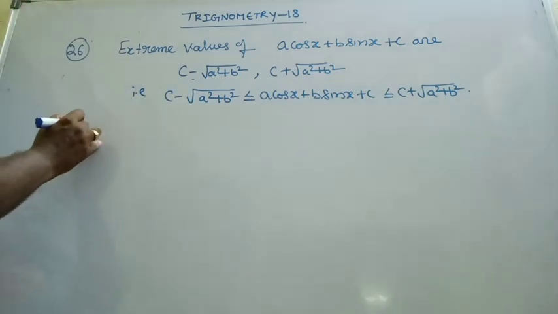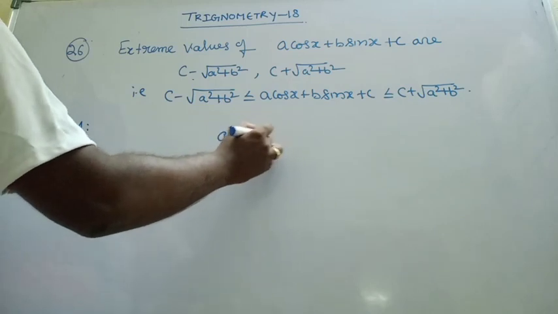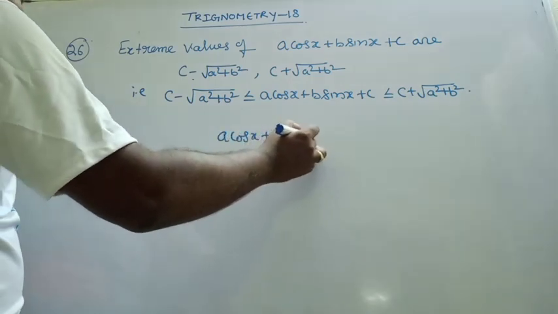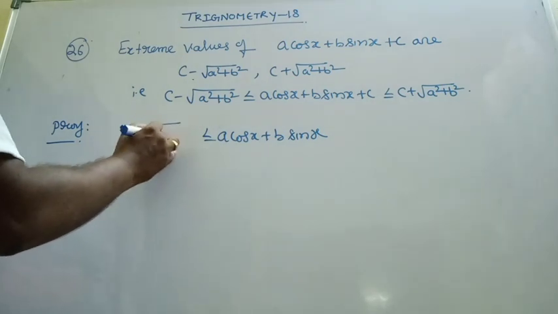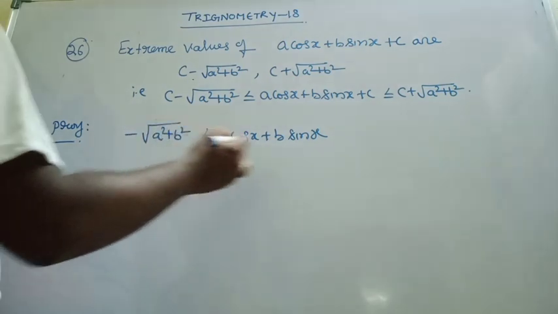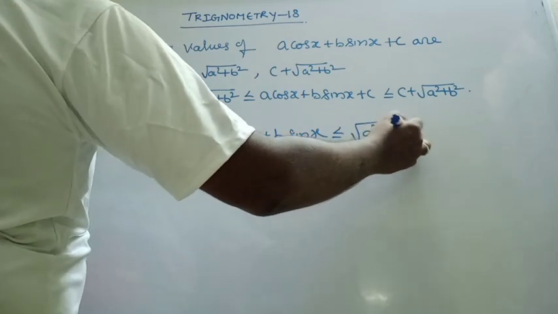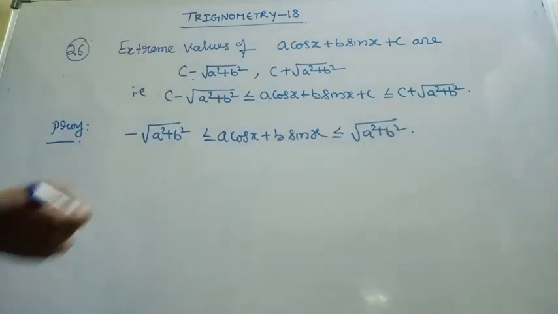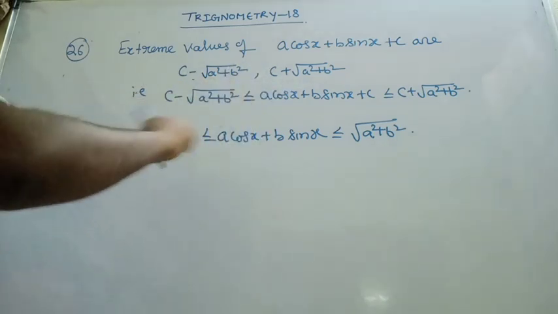You see, my dear students, now only we proved that for a cos x plus b sin x, the minimum value is minus root over a square plus b square, and the maximum value is root over a square plus b square, like this, right? Fine. Now they are adding a constant c on all the sides.